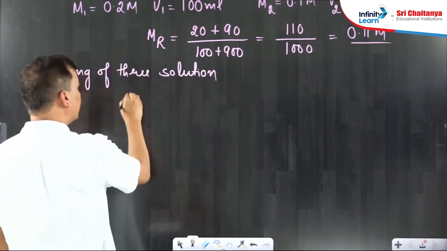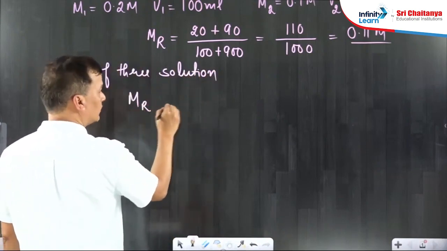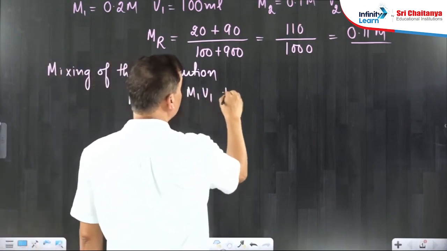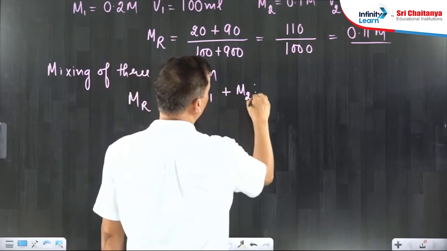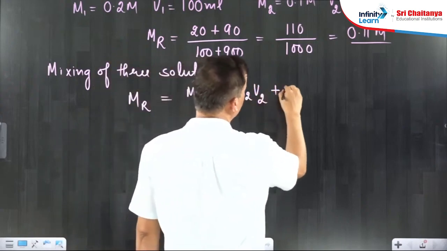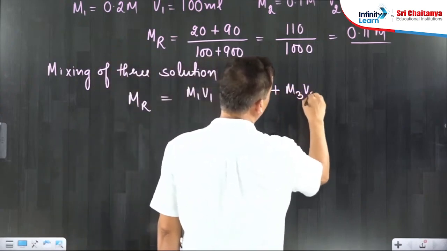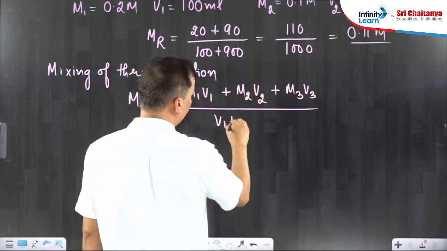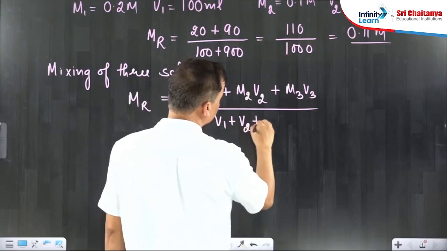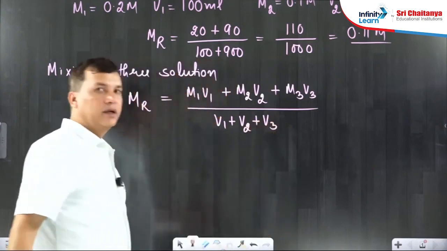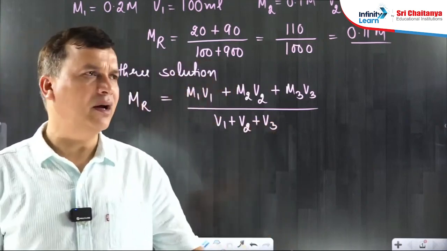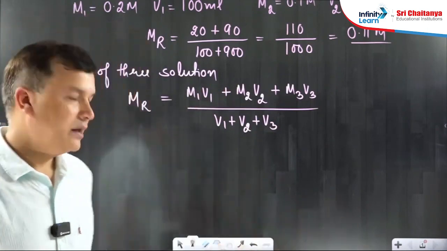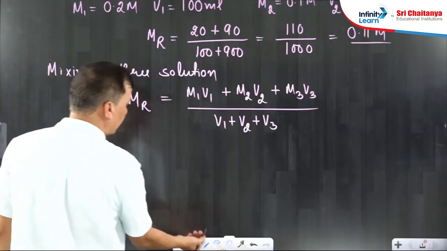The molarity of the resulting solution is equal to M1 V1 plus M2 V2 plus M3 V3 upon V1 plus V2 plus V3. Is that clear? Same formula. Instead of two solutions, here we have three solutions.